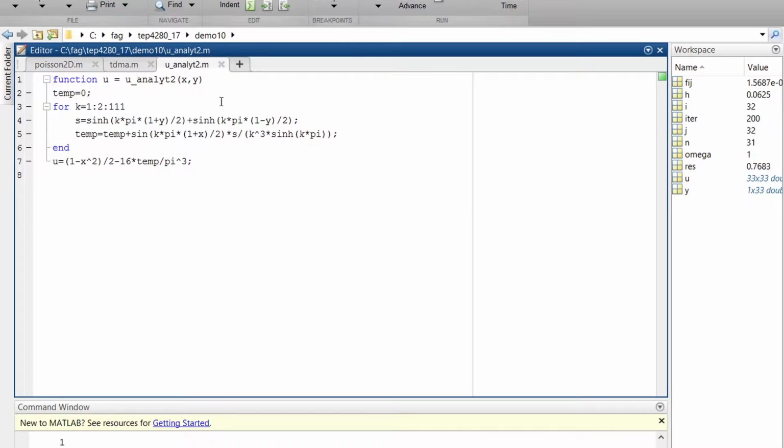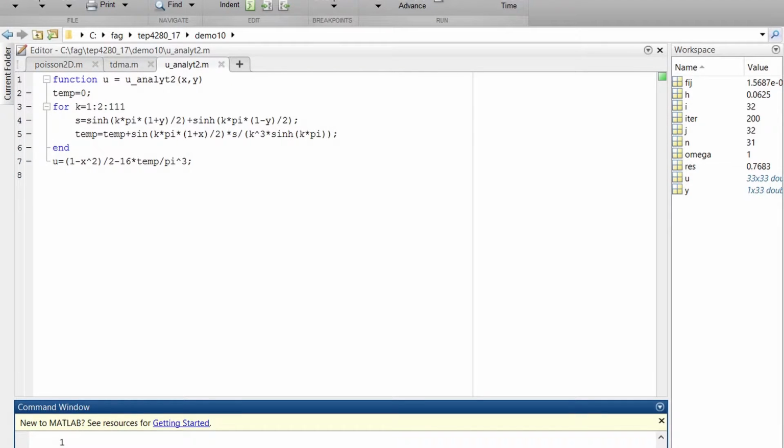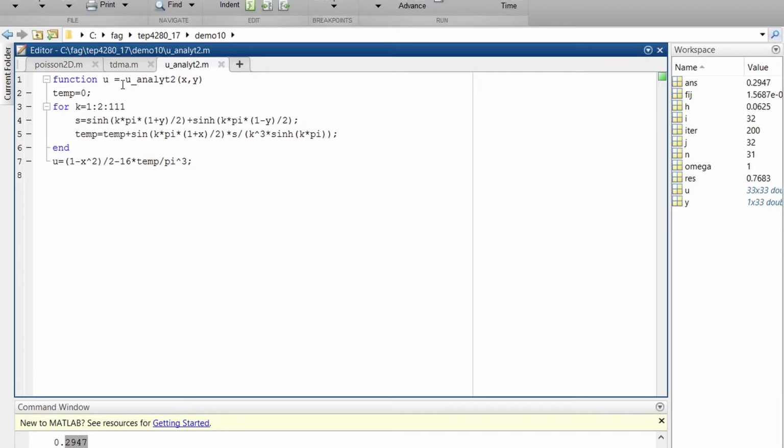So we can use this one as a function, finding our proper scale. We can test it down here as well. U analyt number 2, I called it, of 0, 0. Okay, so around 0.3 should be our scale. But let's do it in the program. It's neater.